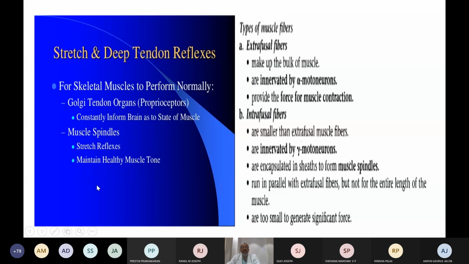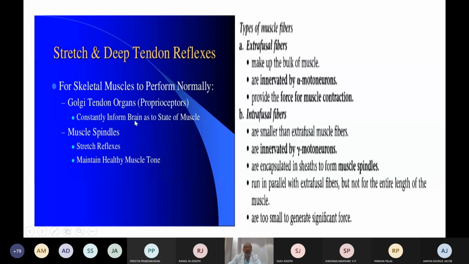So you have to know about this stretch reflex. For skeletal muscles to perform normally, we have to have Golgi tendon organs, which are considered proprioceptors.